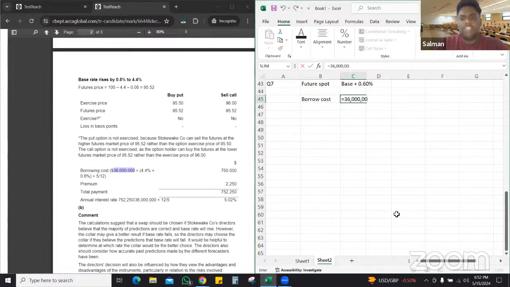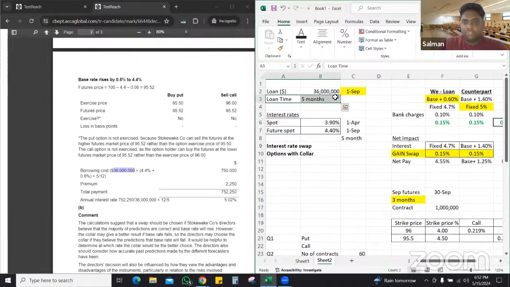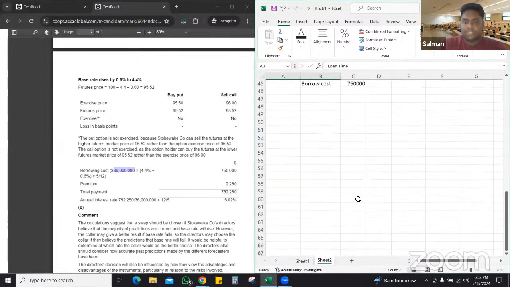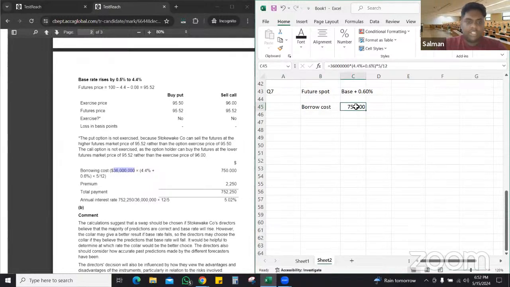Right? Since you are going with the market rate, no need to think about options. 36 million is borrowed at market rate of 4.4%. On top of that, we have to pay 0.6%. And we are taking the loan for 5 months. These are normal expenses. Right? 750,000. Premium we have already paid.